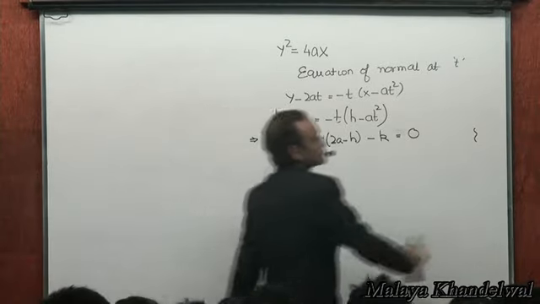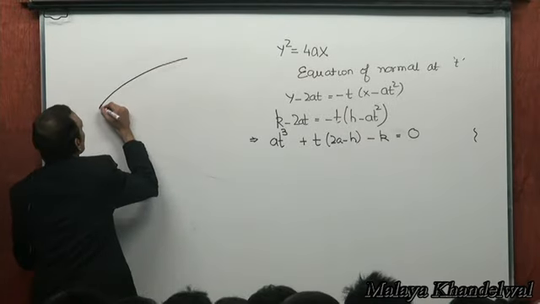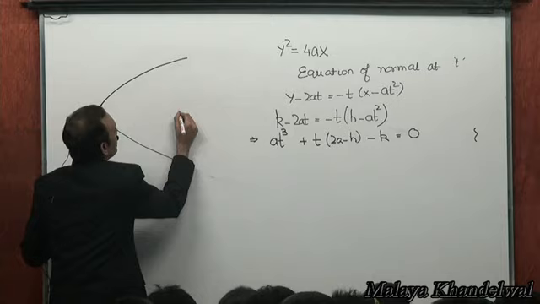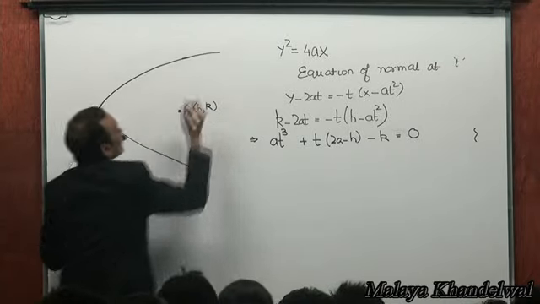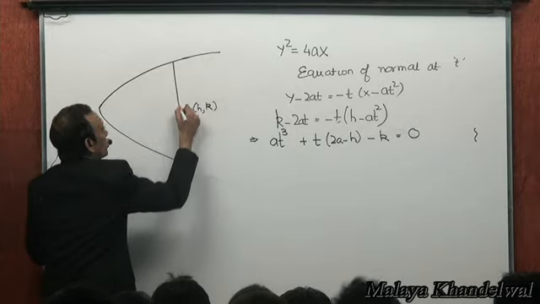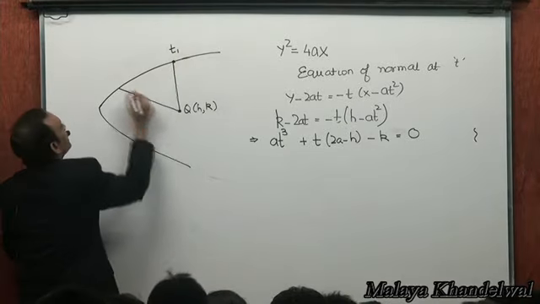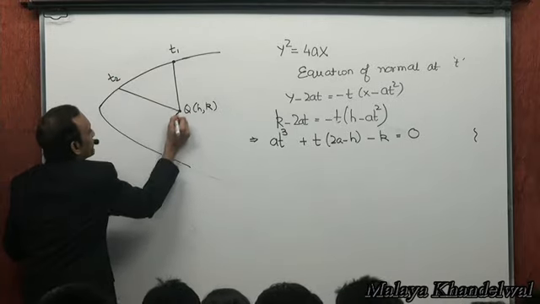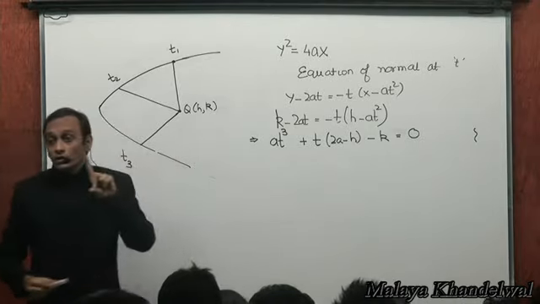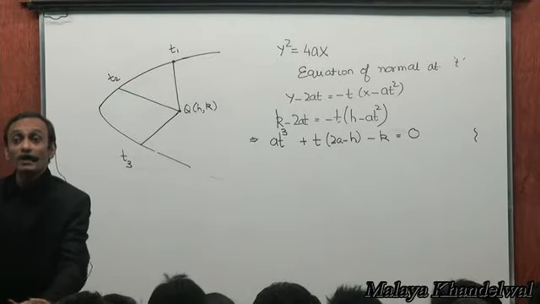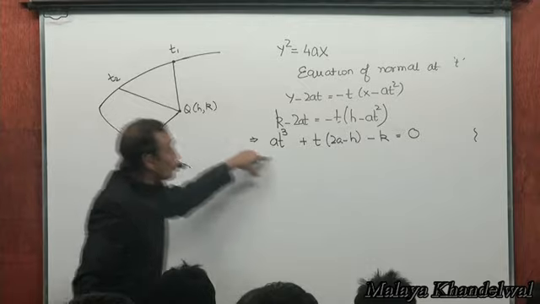Given any point Q, say (h, k), in general, one could have drawn a normal at t equal to t1, at t equal to t2, and at t equal to t3, where t1, t2, t3 are the roots of this cubic in t.